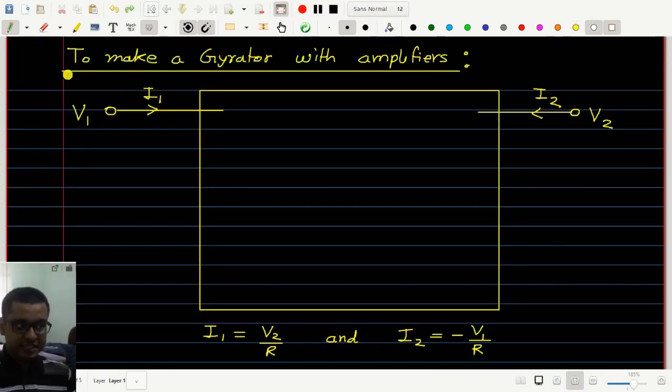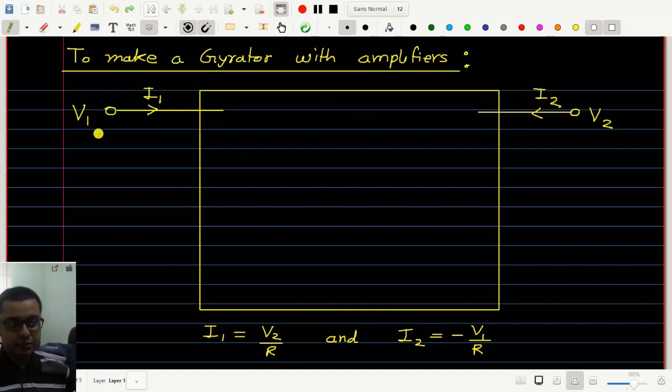Now we shall see how to realize a gyrator circuit with amplifiers. This is the black box of a gyrator with two ports having voltages V1 and V2 and currents I1 and I2 as shown here.